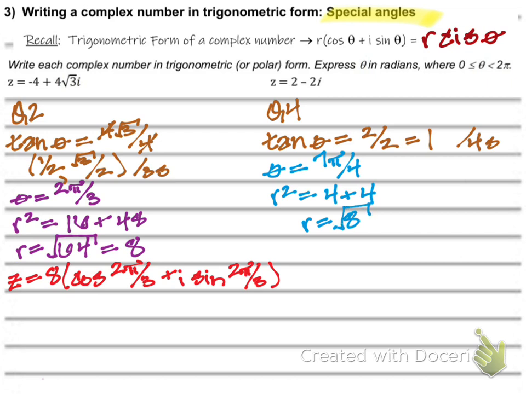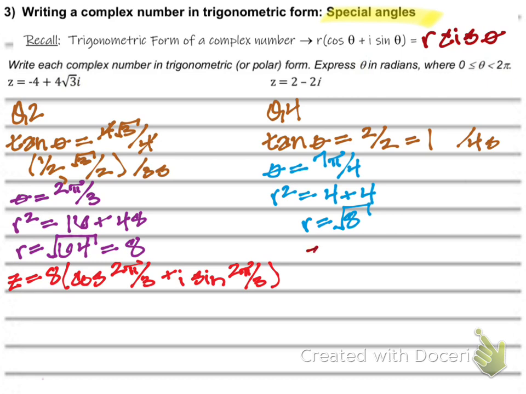Since there's nothing specific in the instructions about how to write that, if they want it reduced, I'm going to assume that we would be okay leaving that as the square root of 8 instead of making it 2 root 2. And they don't say anything about rounding or anything.